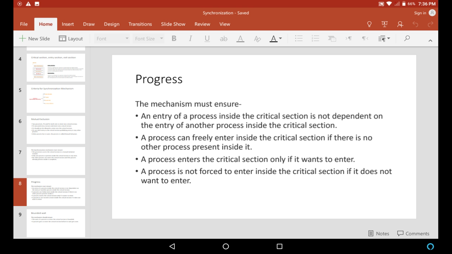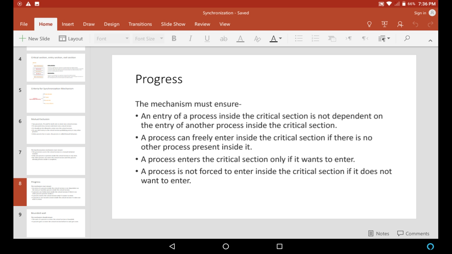So what is progress? Again, for two processes, suppose P1 and P2 are the two processes. If none of them is in critical section, that is, the critical section is empty, no process is there inside that critical section. But after some time, P1 needs to use critical section and P2 does not allow it to enter into the critical section. Not because P2 is already using it, but just to hold the progress of P1, it is not allowing P1 to enter.